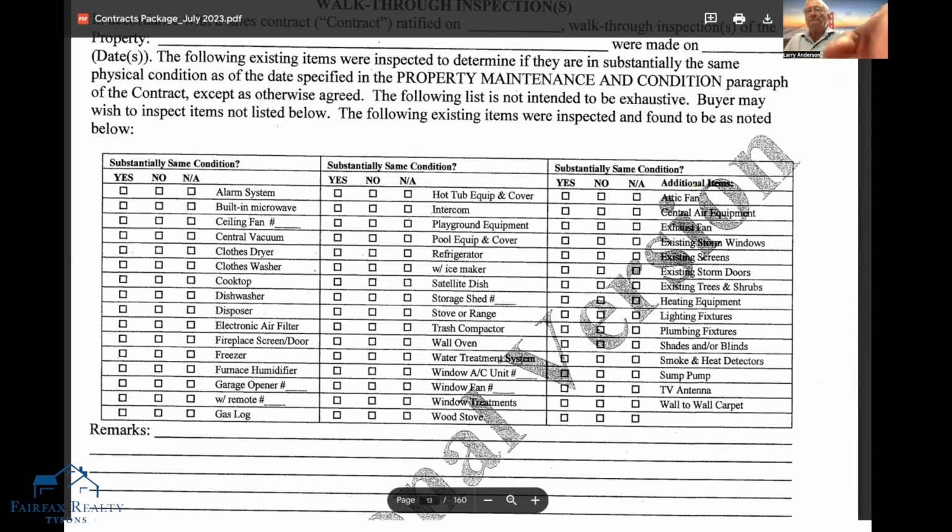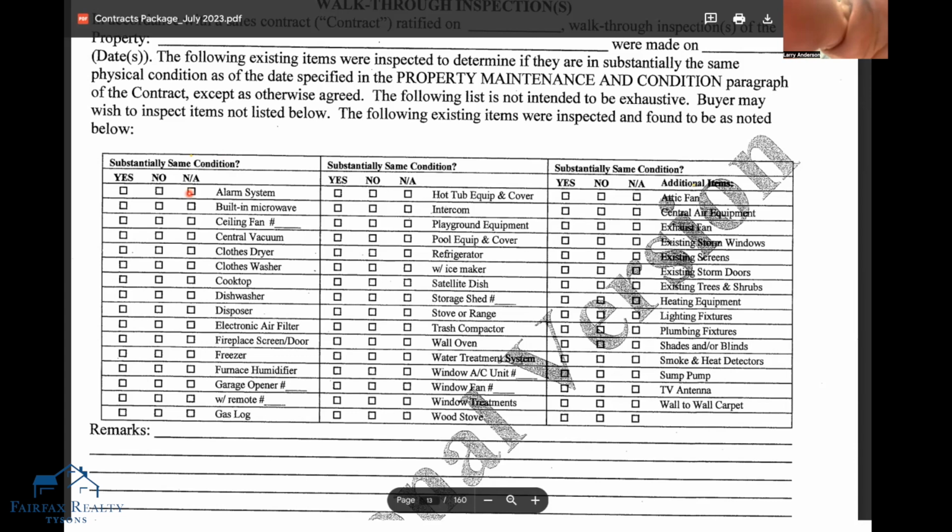So it says above each column, substantially the same condition. So there was no alarm system, still no alarm system. It would be NA. Now there was a built-in microwave. The built-in microwave works fine, just like it did at the home inspection.